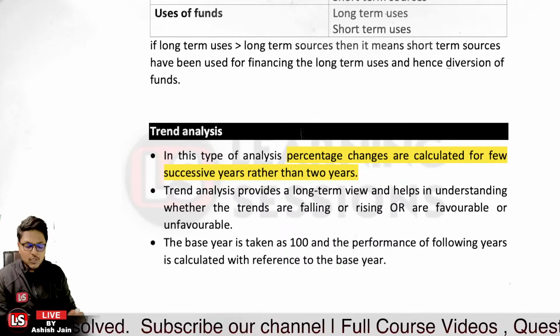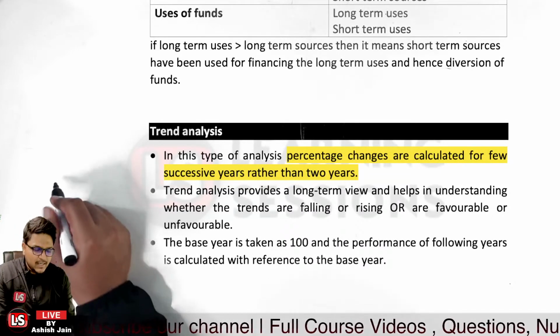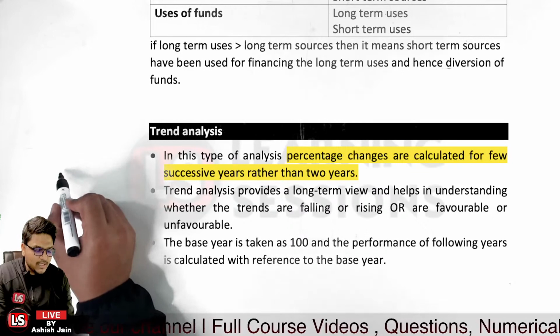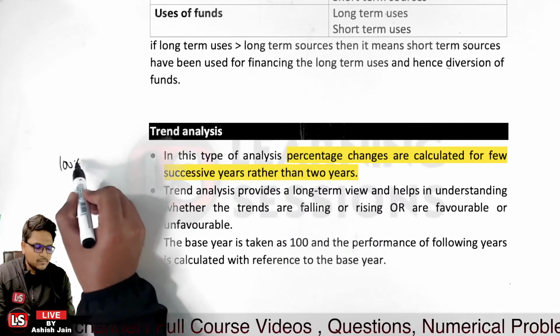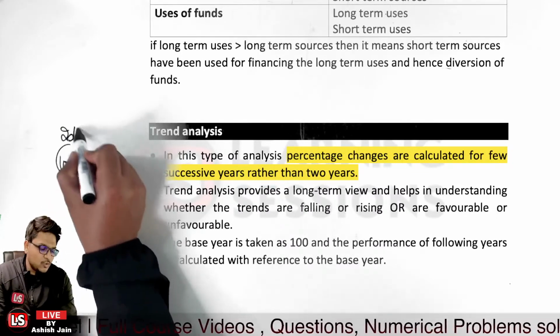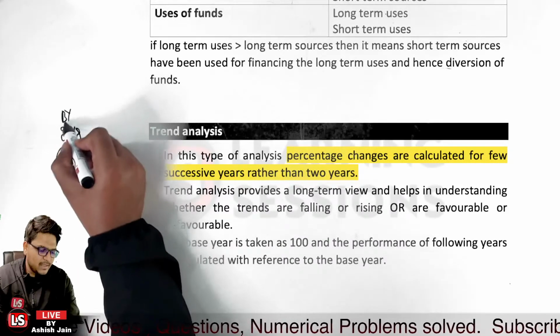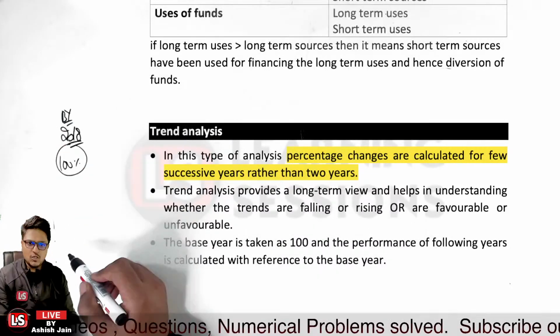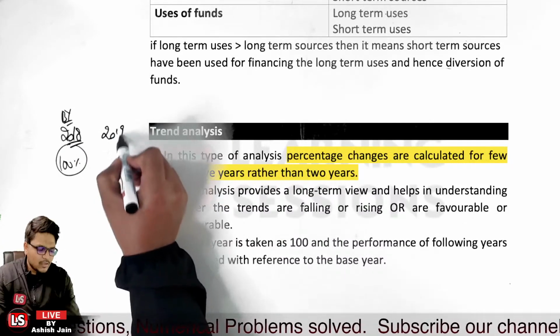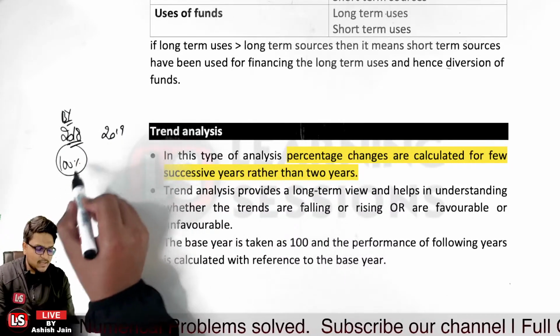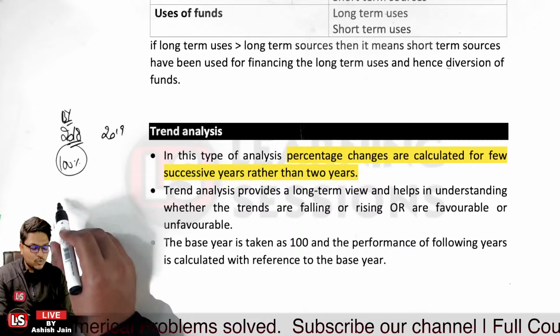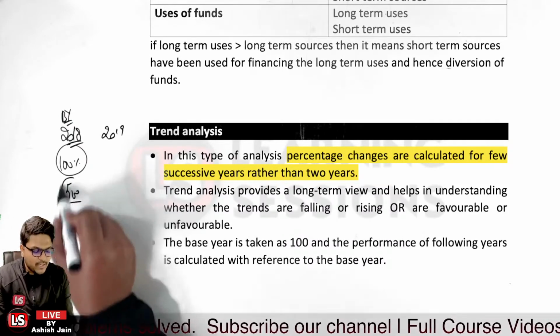We take the base year to be 100%. For 2018 we considered the base year, and let us take the case that in 2018 our sales were 500, which we took as 100%.